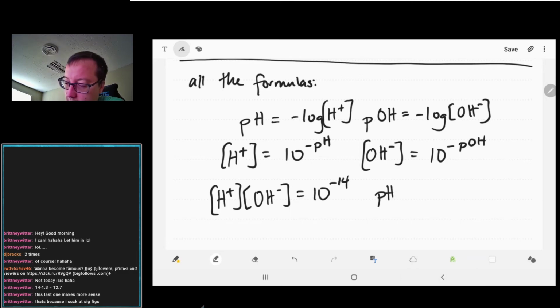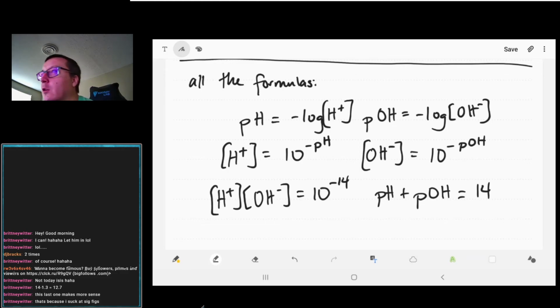And then finally we have our combination thing. So here are all the formulas all at once. So you'll want to know how to use all of these and when to use them, of course.